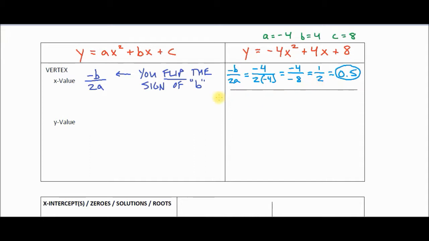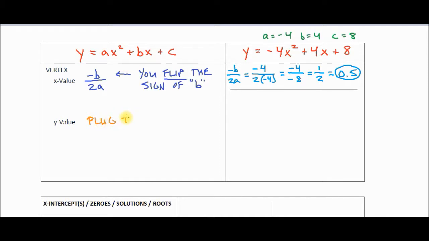Now let's go ahead and take a look at how to find the y value. We've learned this in functions class. If you know the x value, just plug it into the equation and calculate it out, and you'll get the y value for the vertex. So the y value, again, you've seen this before in other sections.